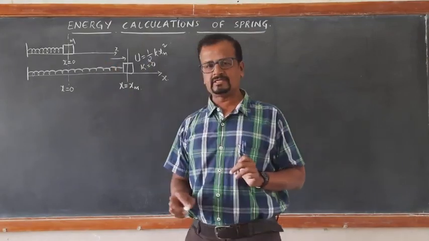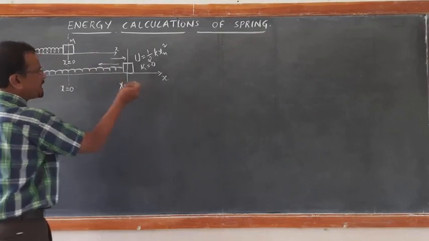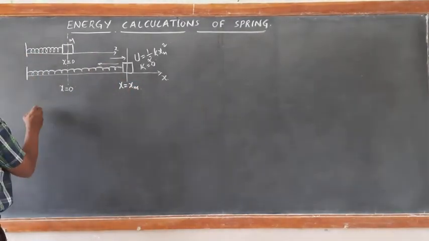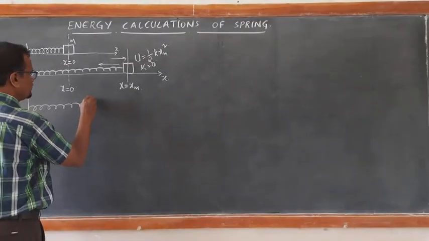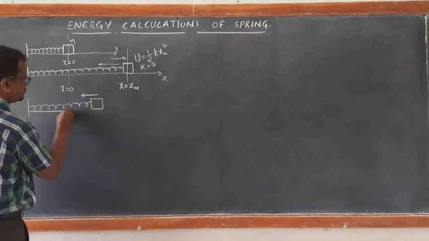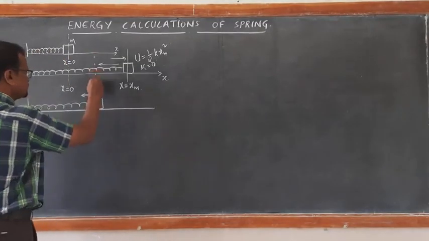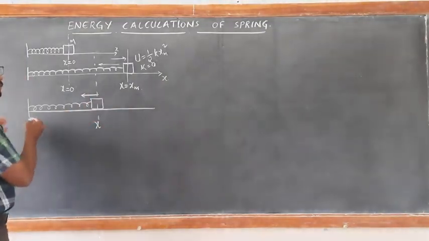Now when it is released, the block starts moving back. Let us say the block is somewhere here, tending to move back. We are considering any position. Let us say at position x, the block is in motion.